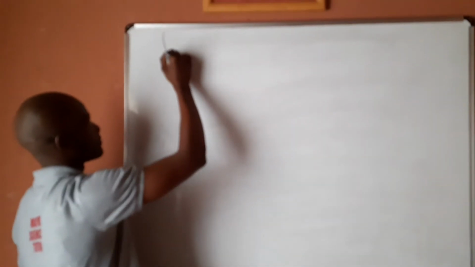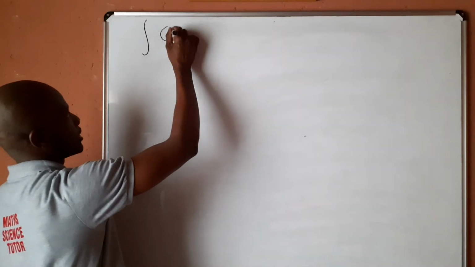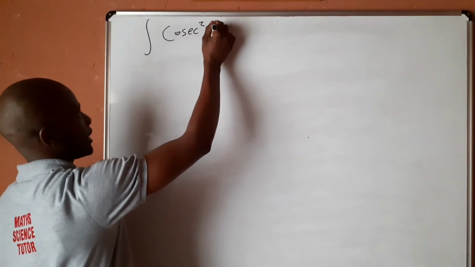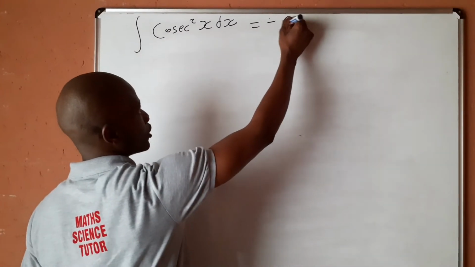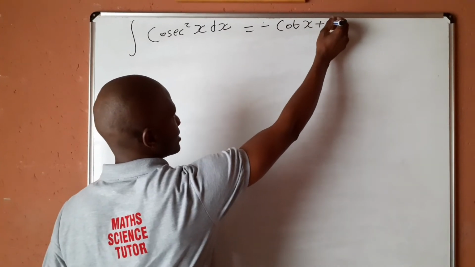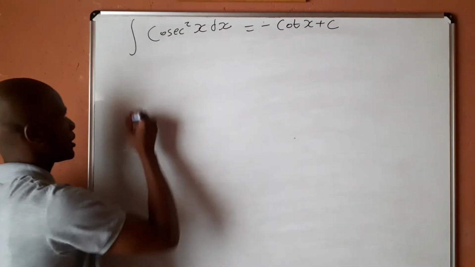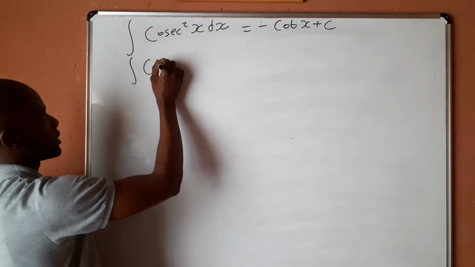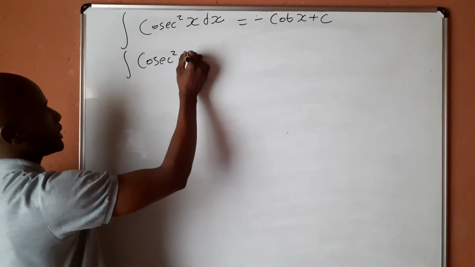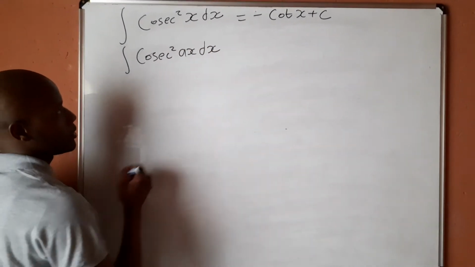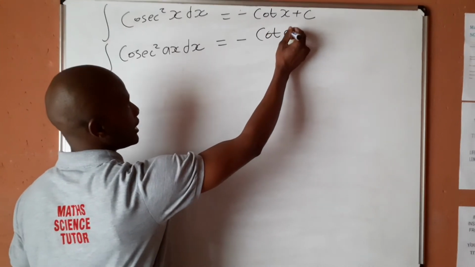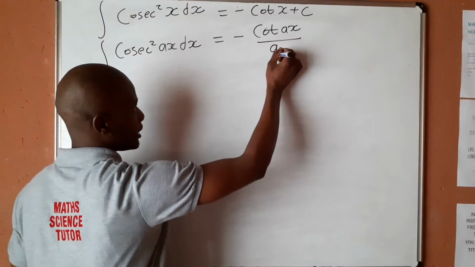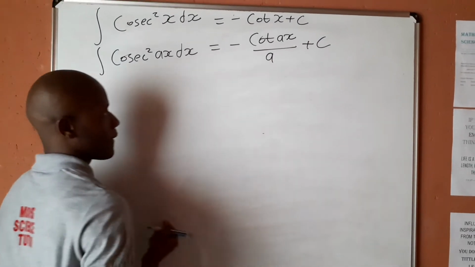Integrate cosec squared x dx. When we integrate cosec squared x dx, it is negative cot x plus c. Integrate cosec squared ax dx is going to be negative cot ax divided by a plus c.